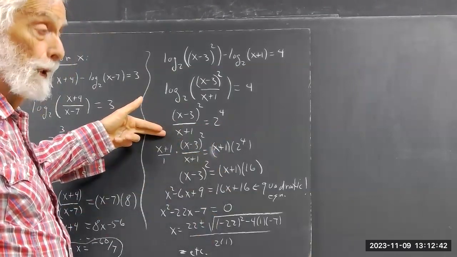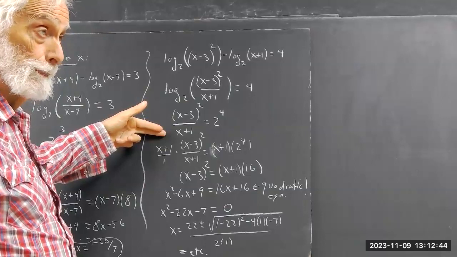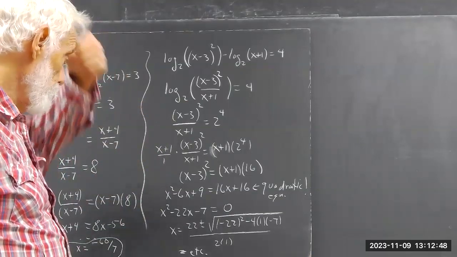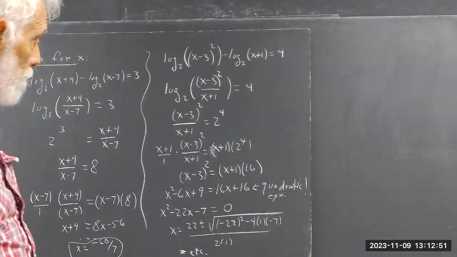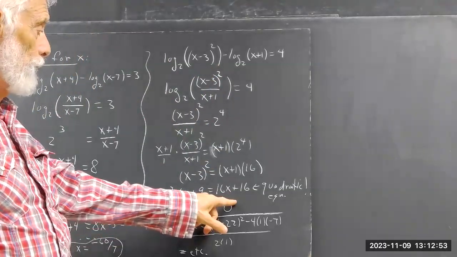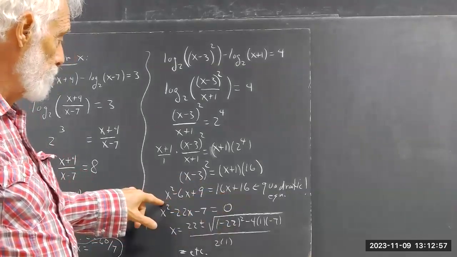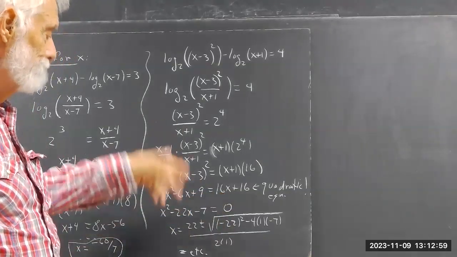First, multiplying both sides by the denominator. And then writing it out, identifying it after we expand the square as a quadratic equation because it's got squares in it, and so forth.